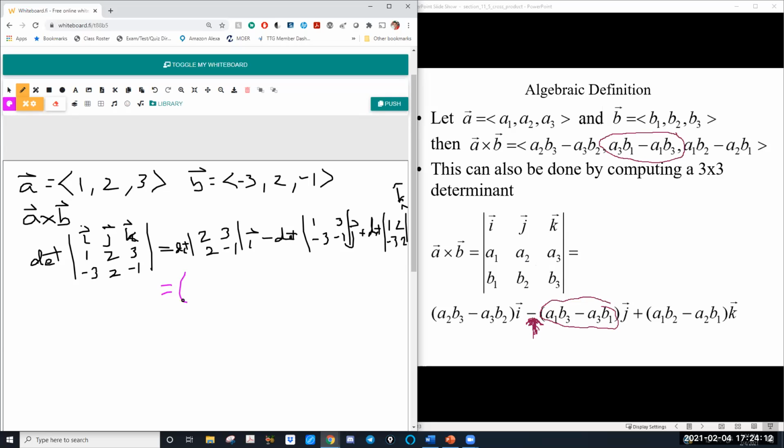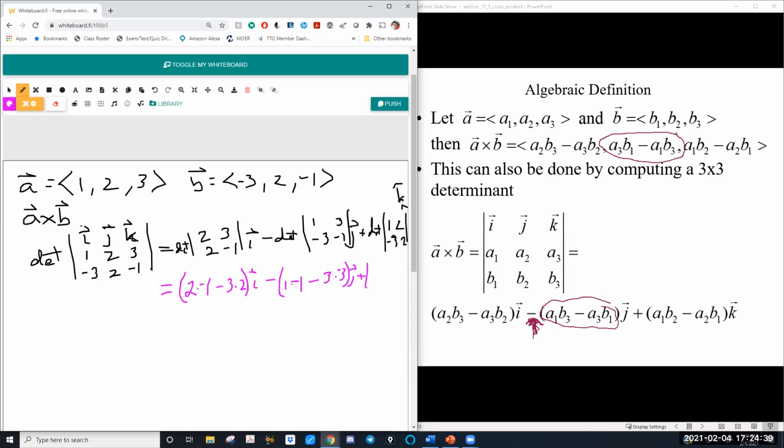So we have 2 times -1 minus 3 times 2 times I. Then minus, and this is going to be 1 times -1 minus 3 times -3 J, and I'm going to run out of room again.